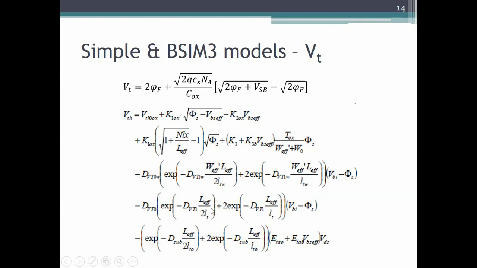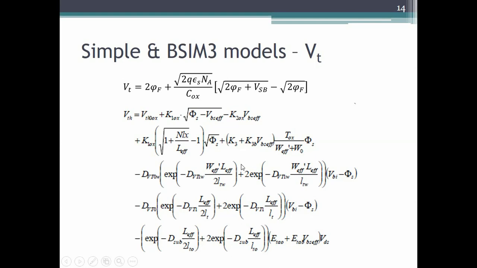I don't expect you to know anything about this equation except the fact that it is very big, and it has a large number of what are called parameters. This dVt0, dVt1w, LTW, all these are parameters.